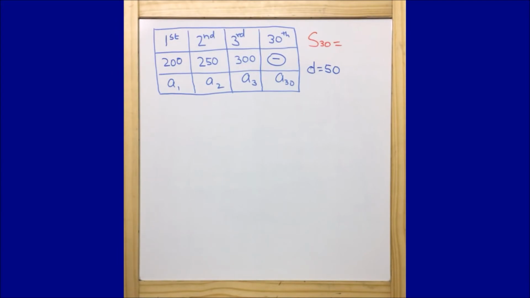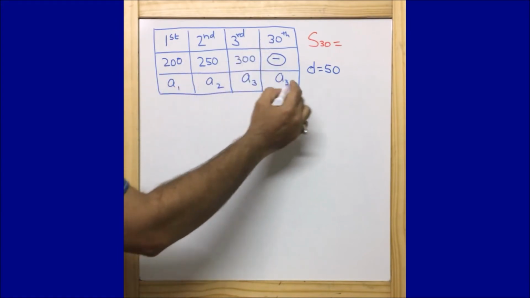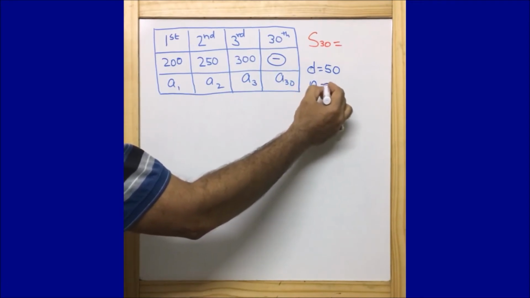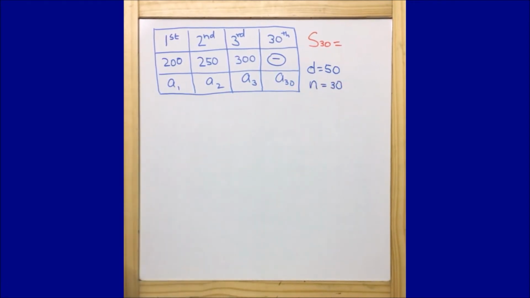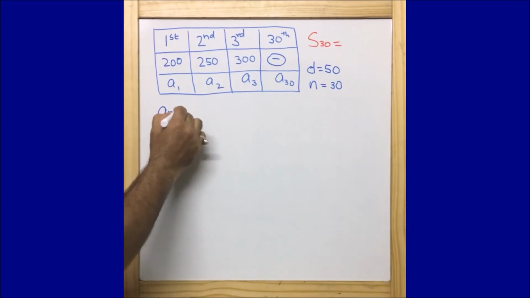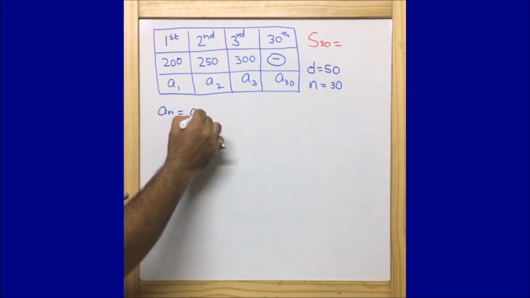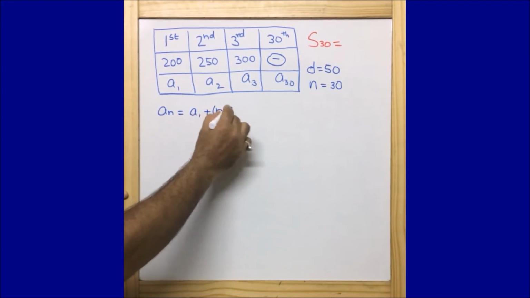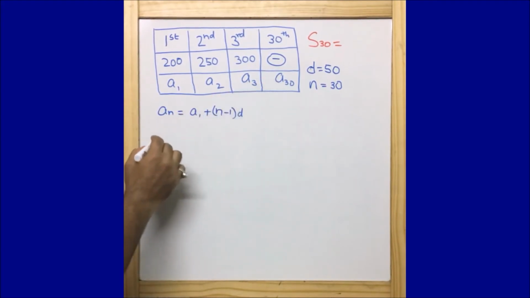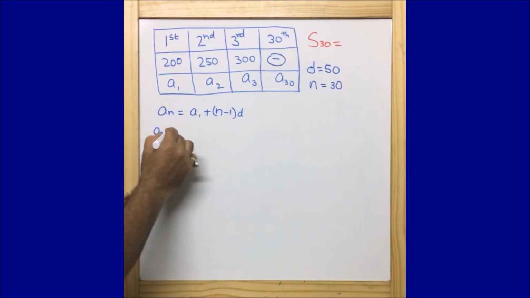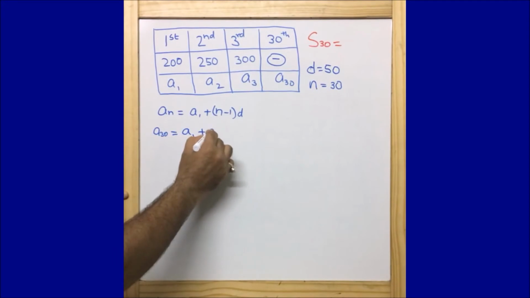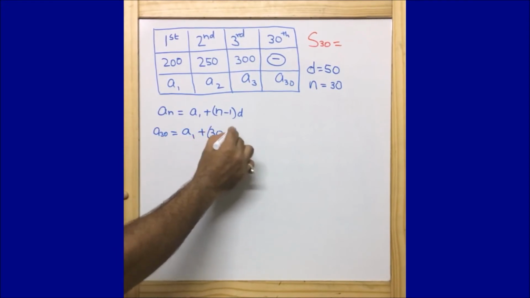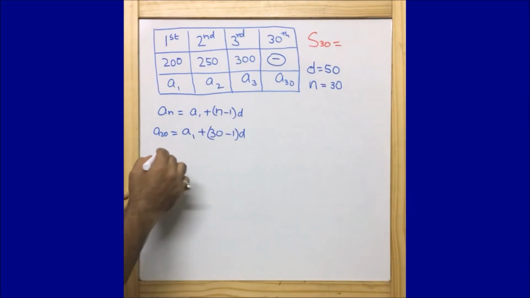We know that the n value is 30. Now let us put the formula: an is equal to a1 plus n minus 1 into d. Here n is 30, so a30 is equal to a1 plus 30 minus 1 into d. We don't know a30, so we are going to find the value of a30 first.